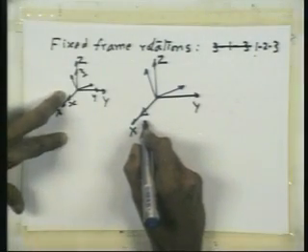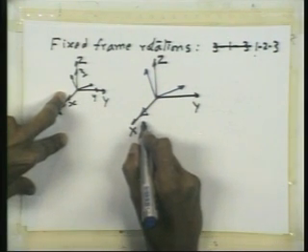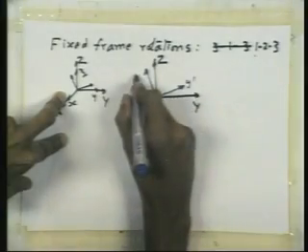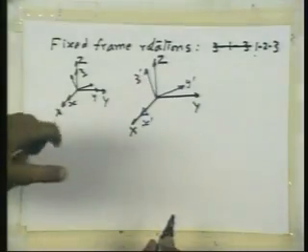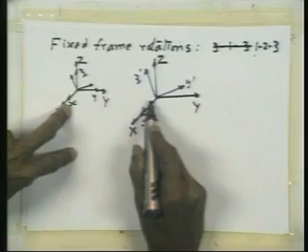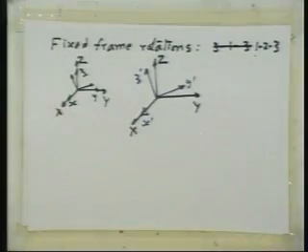So let me call this x dash, y dash, z dash. Now remember that we are going to rotate this whole thing about the y axis. So now what you need to imagine is that y dash is fixed with respect to y.